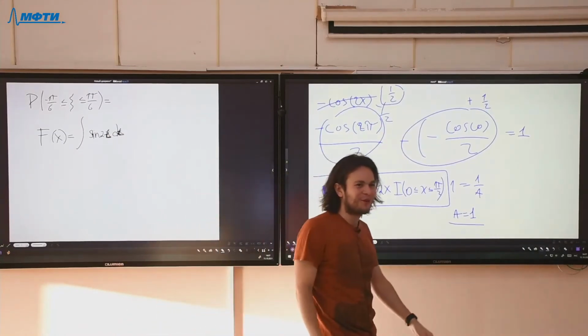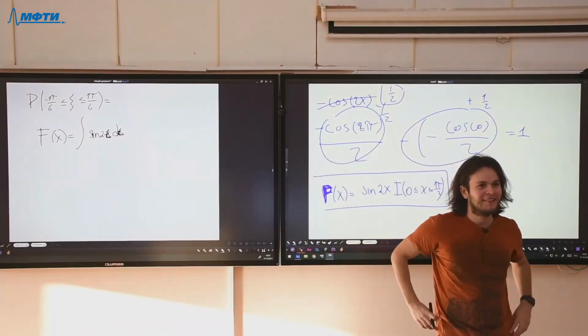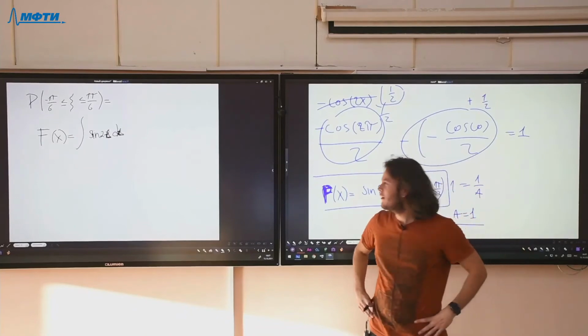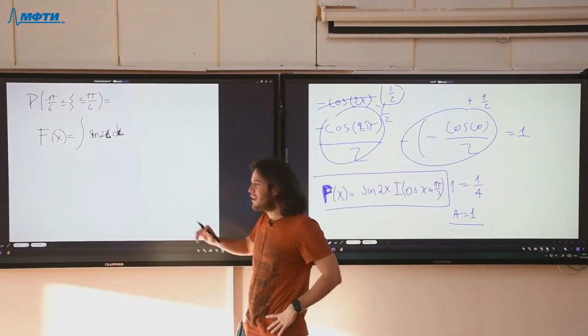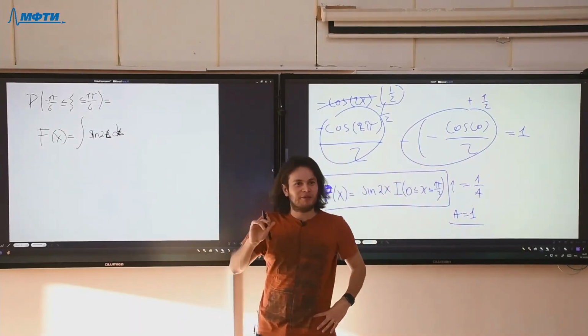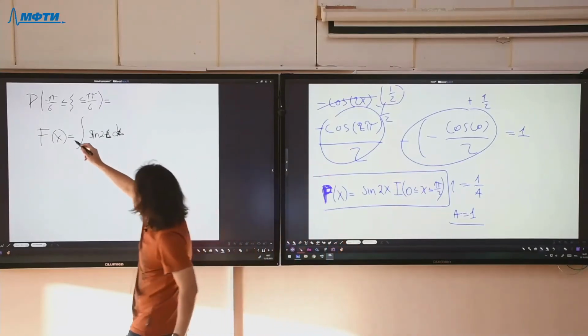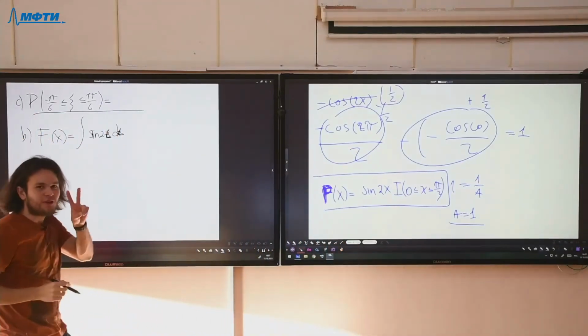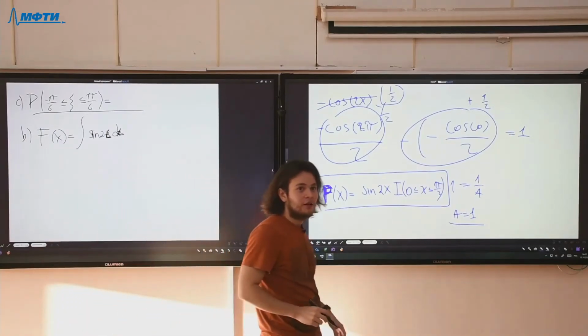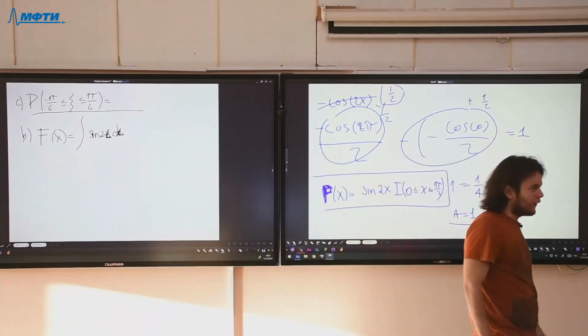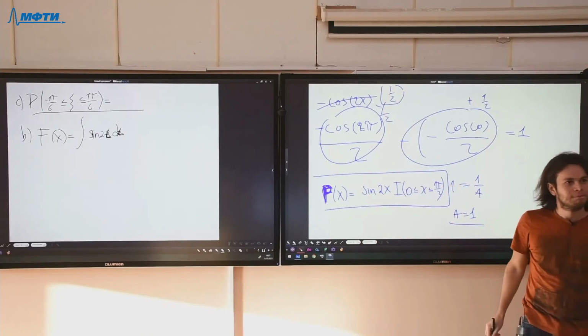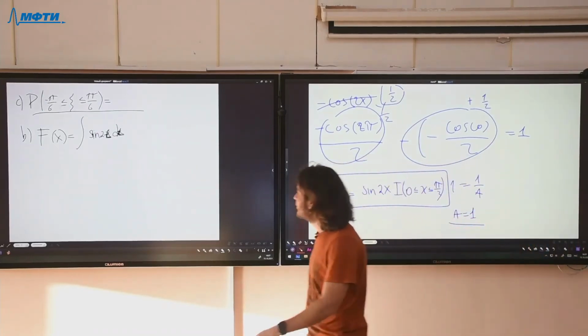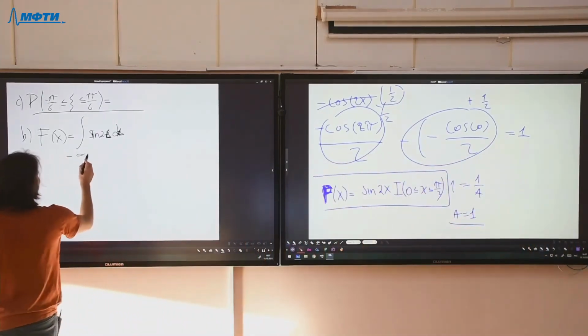What do you want to find? No, no, no. Let's find the CDF. We need to find the CDF right now. Forget about this by now. This is C and this is B. We are trying to do the second part of the exam. Yes. From minus infinity to x.